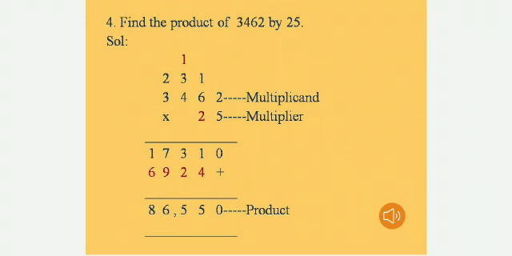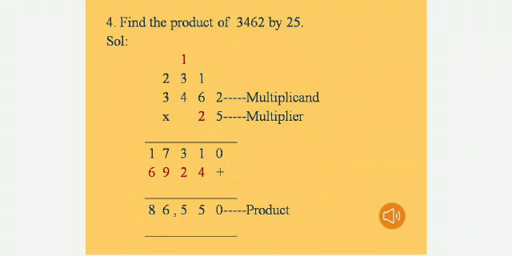In the fourth example, find the product of 3462 by 25. Here the first term, the multiplicand, is a 4-digit number and the second term, the multiplier, is only a 2-digit number. So let us see the product. We have to keep the multiplicand 3462 first, multiplied by 25, the multiplier. 5 is at the unit place, so I am multiplying with the blue color.